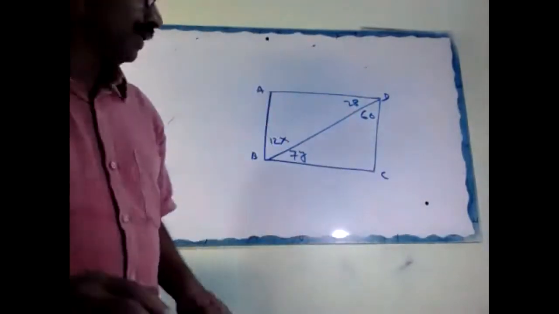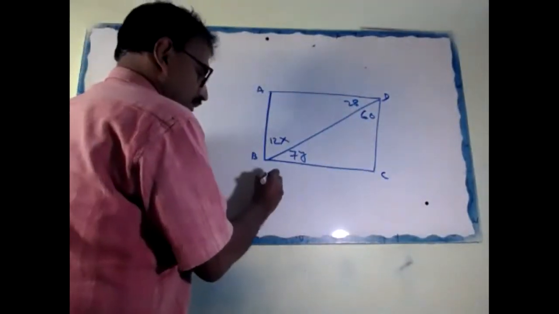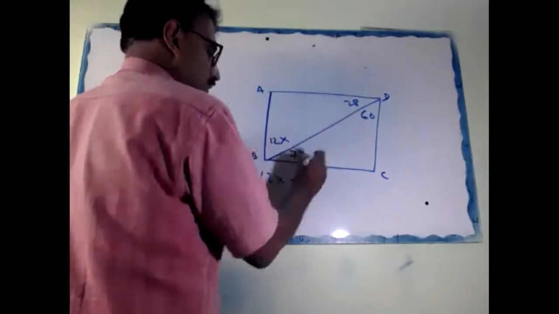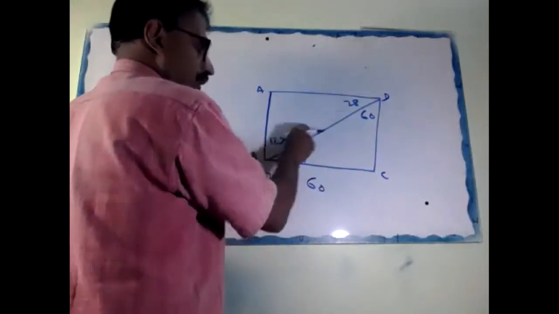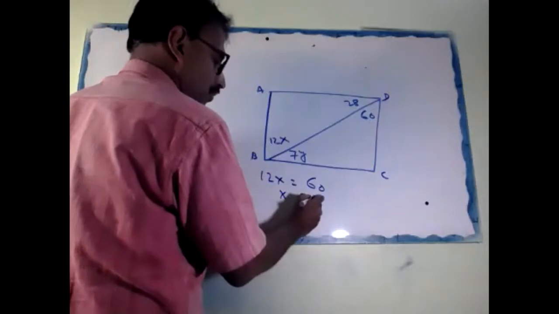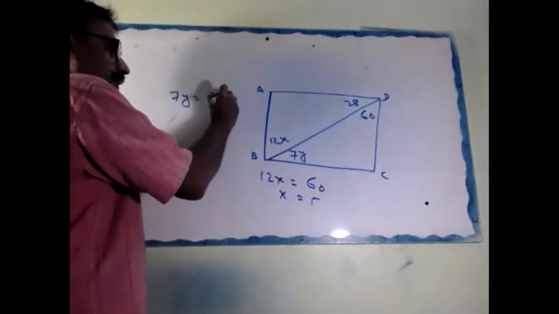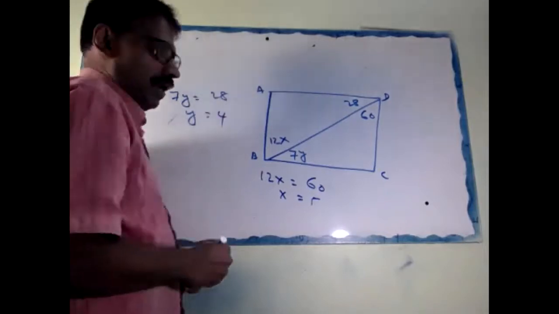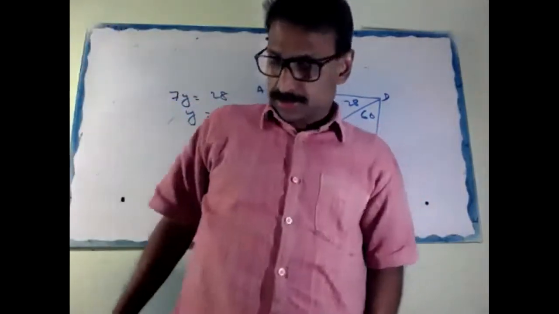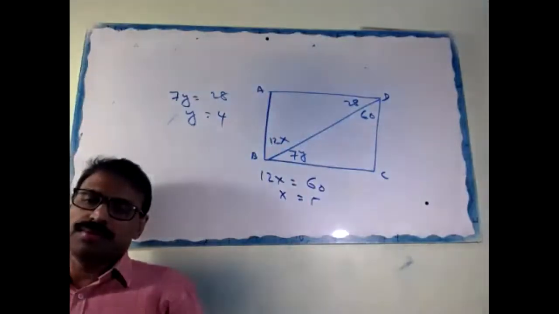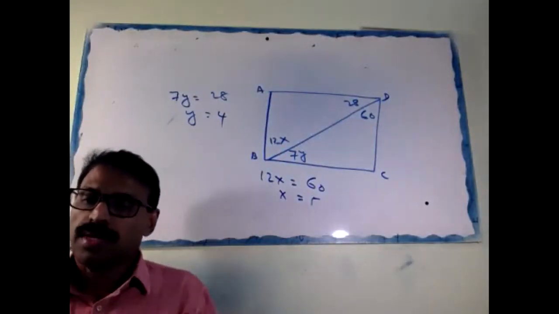Okay, look at here. 12X equal to 60, X equal to 5. 7Y equal to 28, Y equal to 4. Are you okay? Is it okay or not?